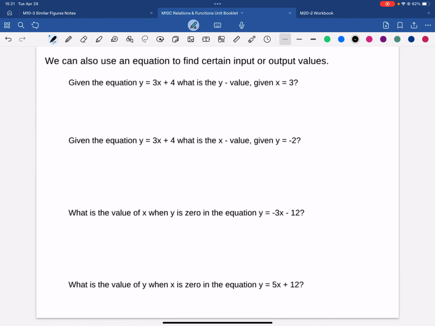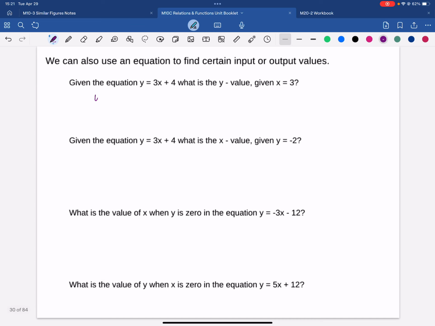Okay, we can also use an equation to find certain input or output values. Okay, if we're given a particular value, especially when we start to talk about word problems, we can use that equation. So if we're given the equation y equals 3x plus 4, what's the y value given our x value? So all you're going to do is look at what value are we given.